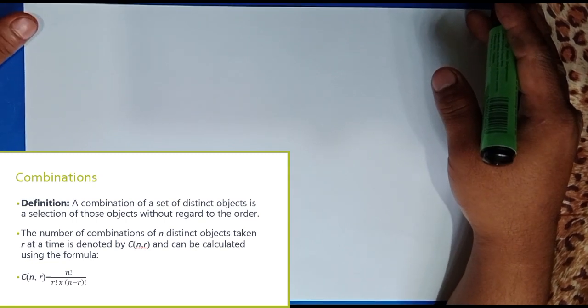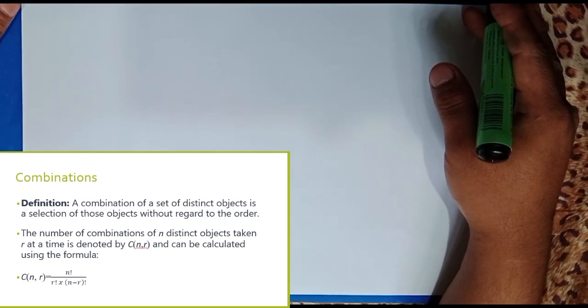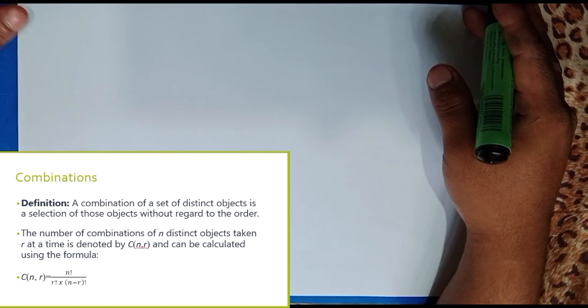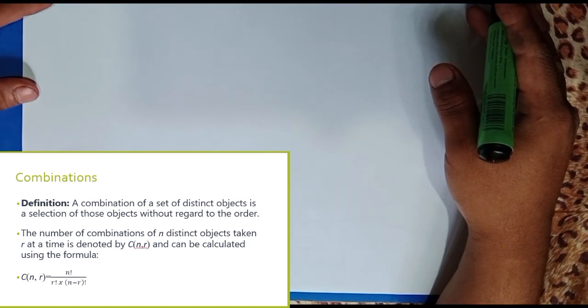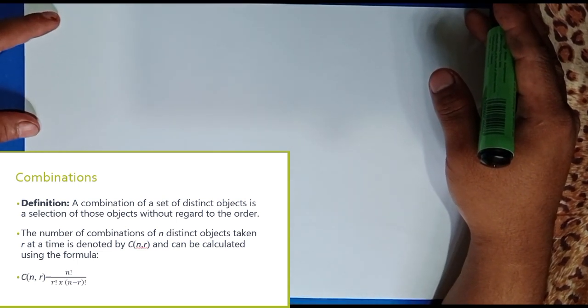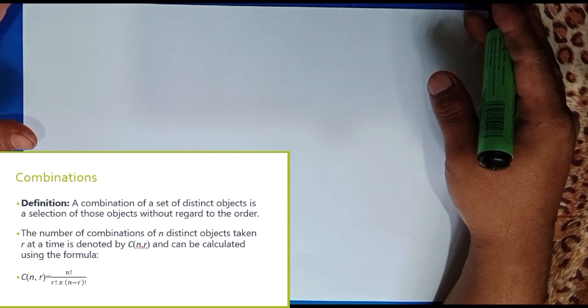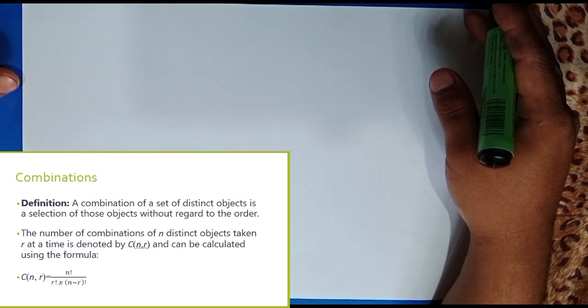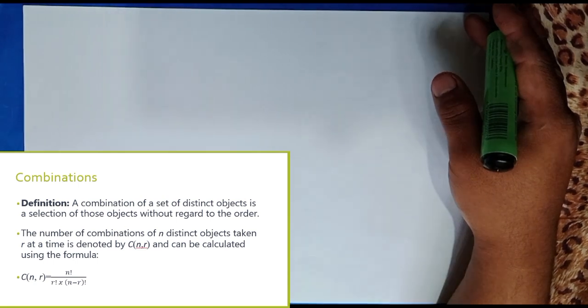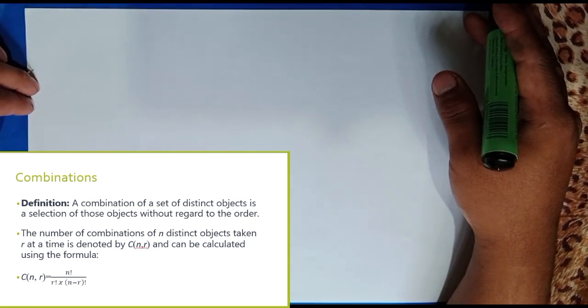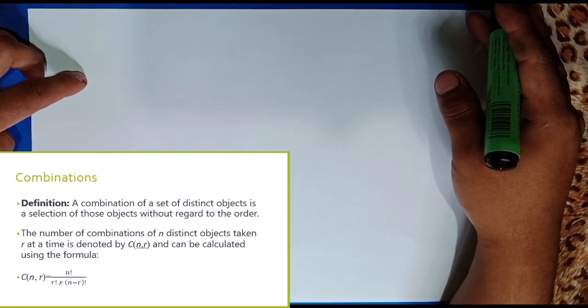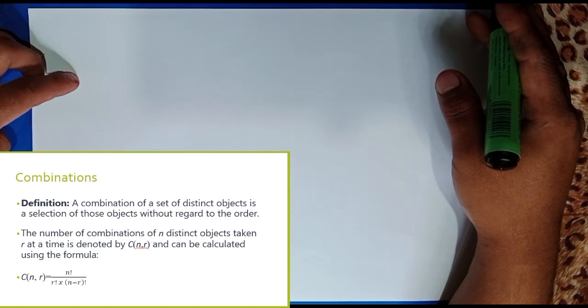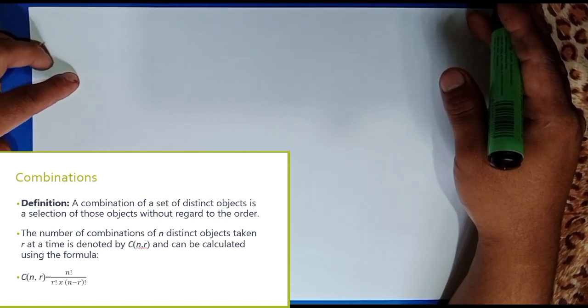Next we have combinations. Let's first have the definition of a combination. A combination of a set of distinct objects is a selection of those objects without regard to the order. The number of combinations of n distinct objects taken r at a time is denoted by C(n,r).